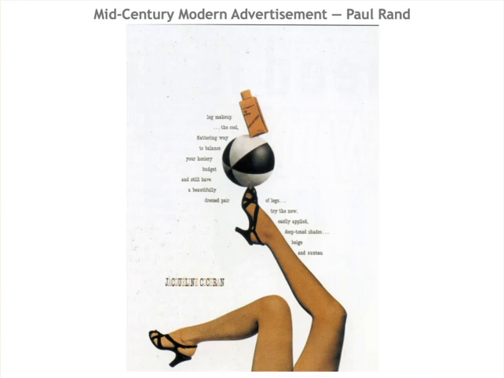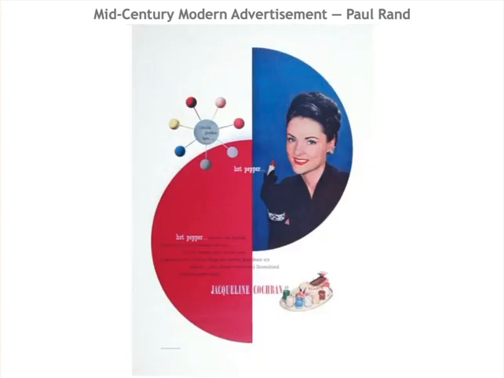Next, we'll look at Paul Rand's work. Another influential designer to emerge was Paul Rand, whose work included advertising, book jackets, annual reports, posters, and typefaces. These images are examples of his playful advertisements.